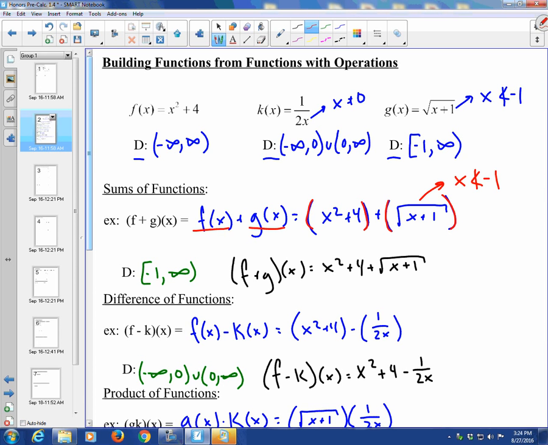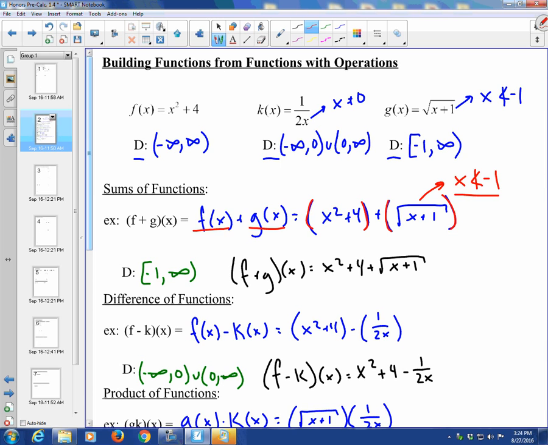And of course, the sum of these two equations isn't going to create any new restrictions. And that's most of the time going to be true, but we're going to run into some cases later on where bringing two equations together with some operation is going to create some additional restrictions.